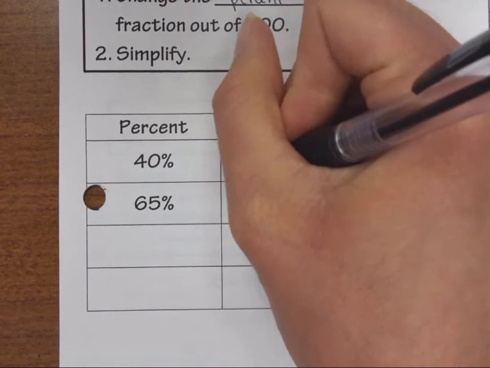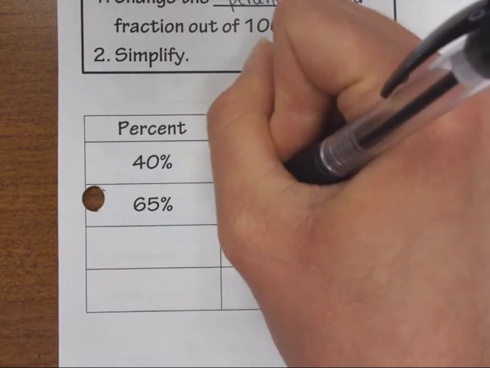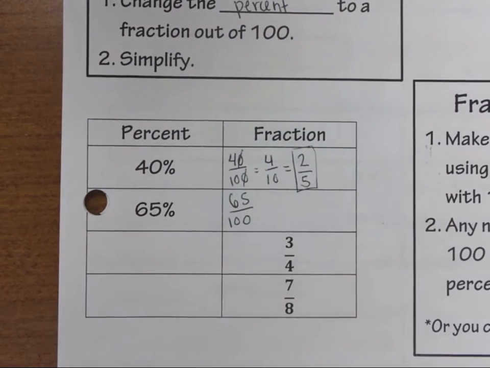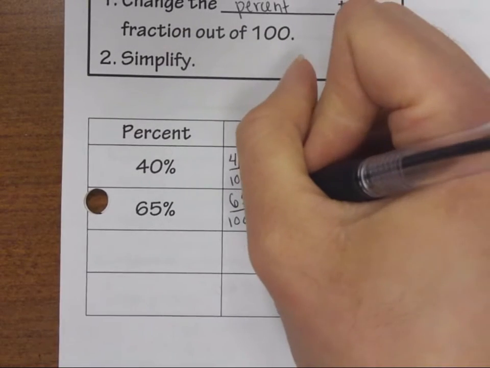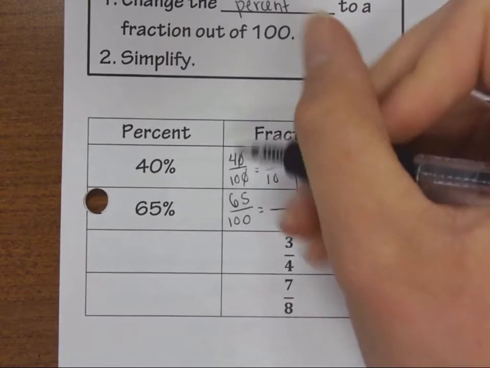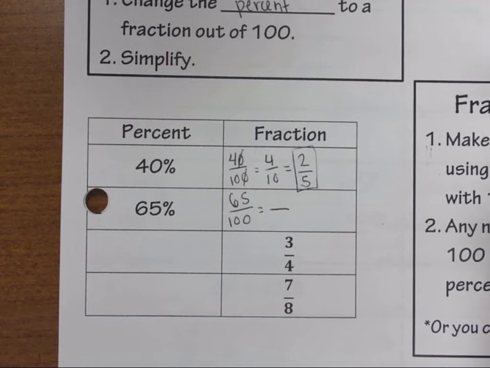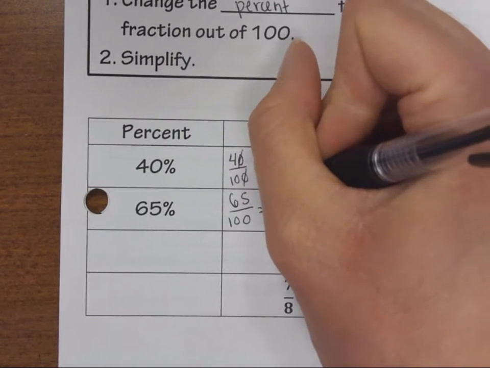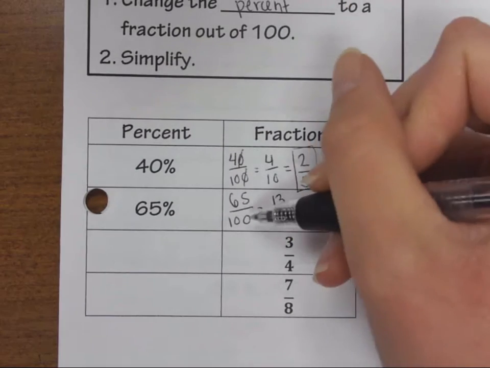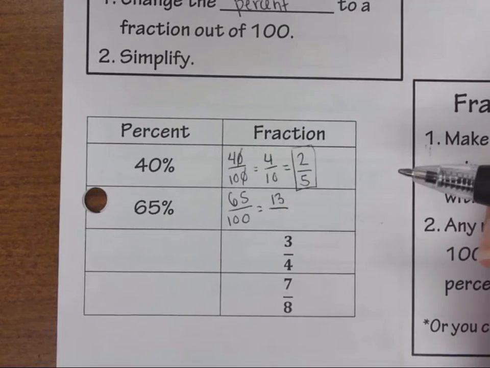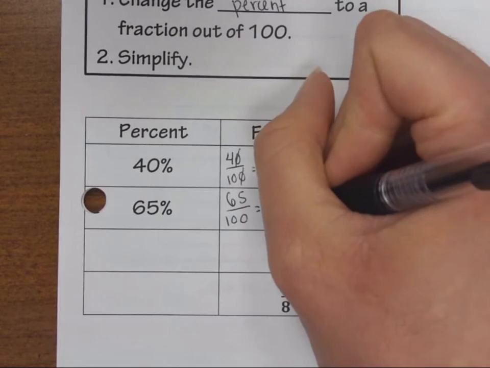So 65 over 100. Okay, you're probably looking at this and saying, what can go into both of those? The first one I think of is 5. Let's start there. Okay, 65 divided by 5 gives me 13, and 100 divided by 5 is 20.